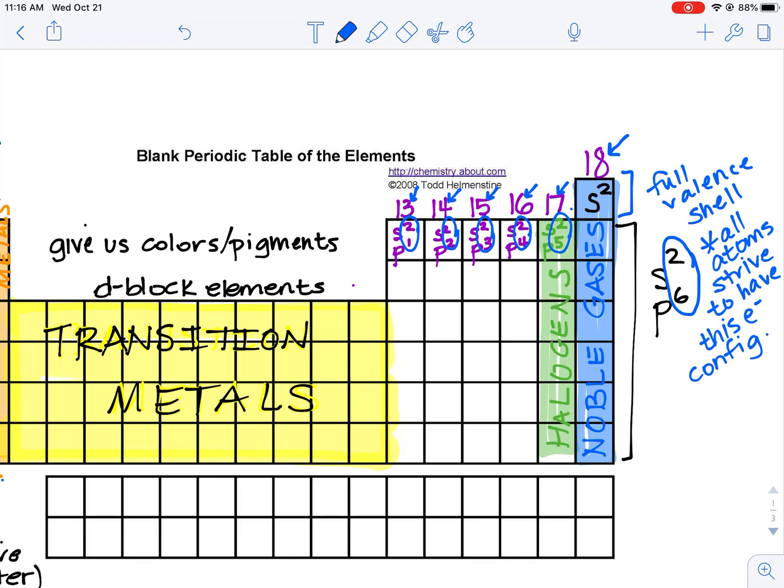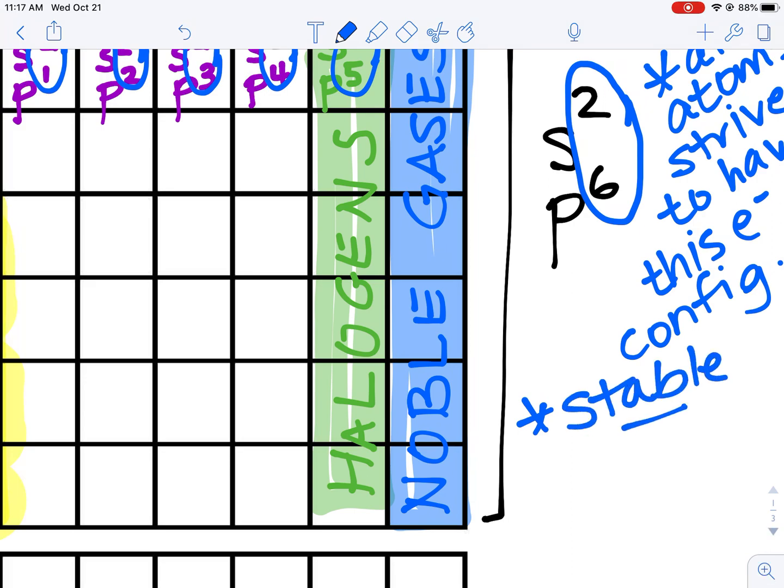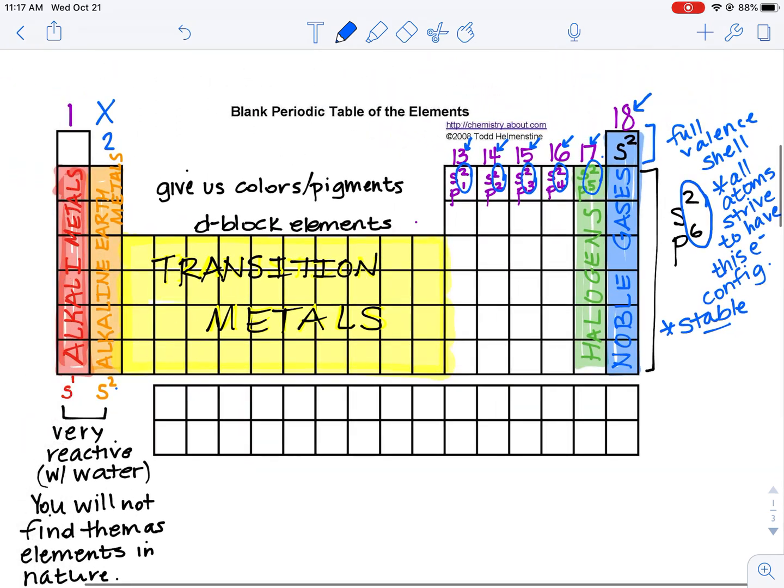So whether we're carbon in group 14 or oxygen in group 16, that atom wants or strives to be stable, and being stable is having a full valence shell. This is considered stable. It's a low energy state for nature.